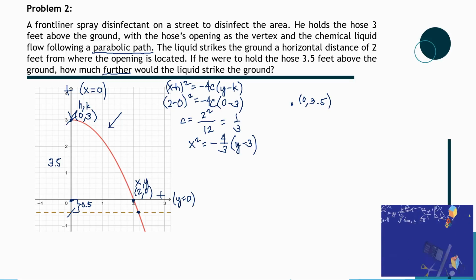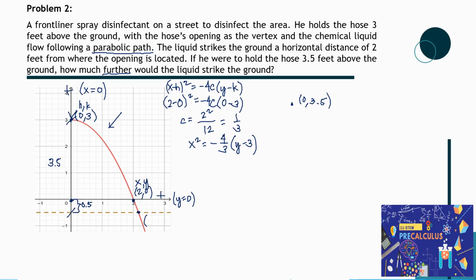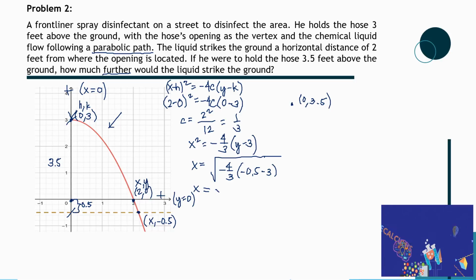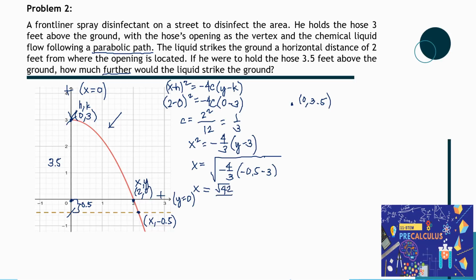So therefore, this point here is x at −0.5. So from the equation of the parabola, this gives x equals the square root of (−3/4)(−0.5 − 3). So calculating for the value of x, we have x is equal to the square root of 42 over 4.